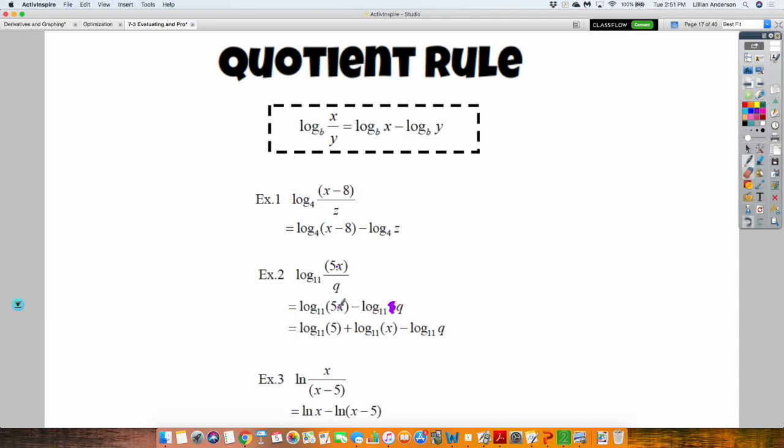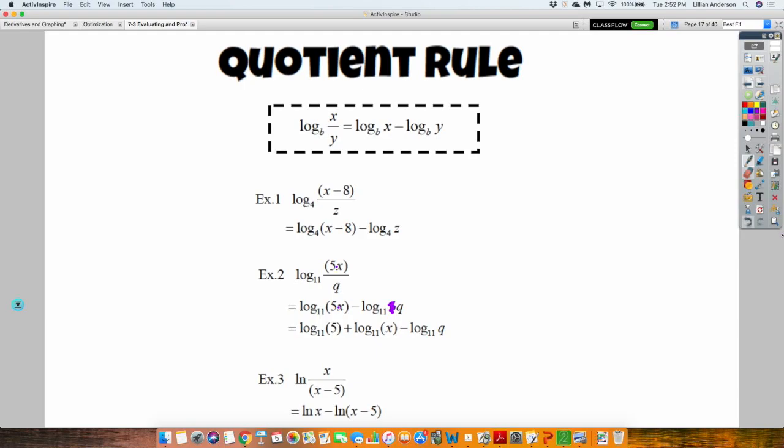But then you can split up that log base 11 of 5x because it's multiplication. So then it turns into log base 11 of 5 plus log base 11 of x minus log base 11 of q. Does everybody see that? It's multiplication and quotient together.